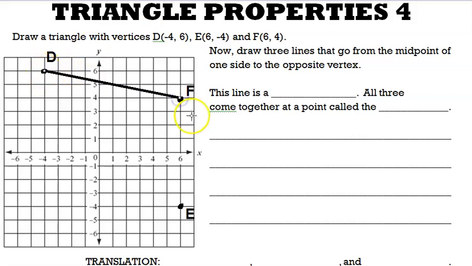Now, to draw a median, a median is different from the others because the median starts at one vertex, and then after that, it goes to the midpoint of the opposite side. Now, in this particular case, I'm going to take this first midpoint right here, and I'm going to just eyeball it here.